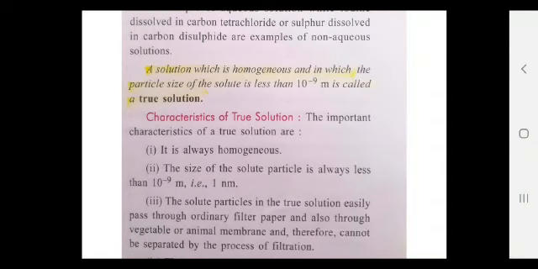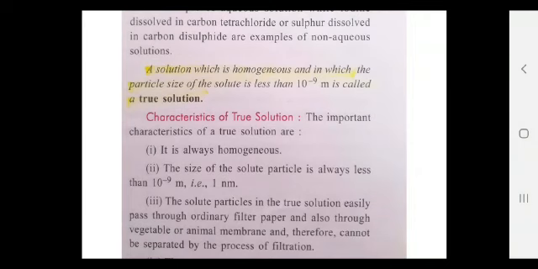That's why we cannot see the particles of the solute. That's why it is called a true solution, because the mixing takes place so completely and uniformly that we cannot separate it by any physical means. Okay, so these are called true solutions.